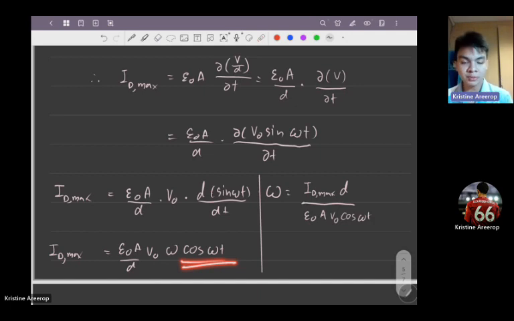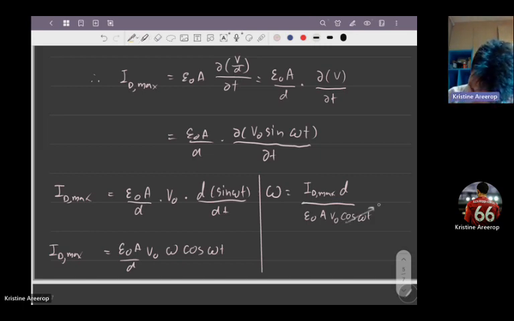So cos omega t must take its maximum value for ID max to be maximum, and the maximum of cos omega t is 1.